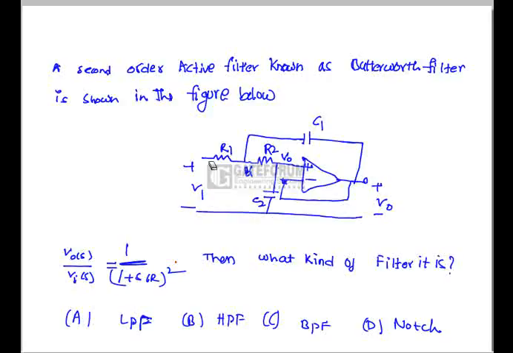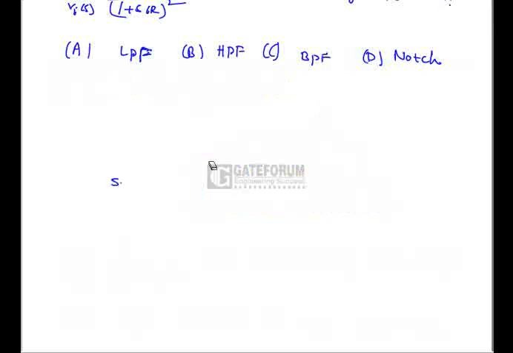See, in order to check what kind of filter it is, we need to take two boundary conditions, that is S equals to 0, that means omega equals to 0, and S equals to infinity, that is omega equals to infinity. That means we are checking the two extremes, either at low frequency, that means 0 frequency, or at the higher frequency.